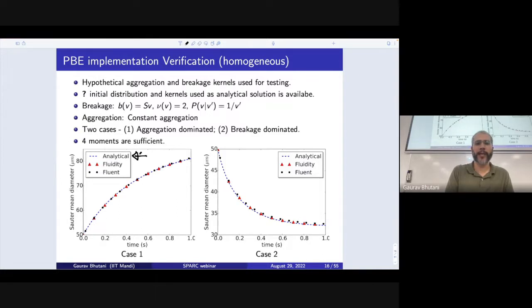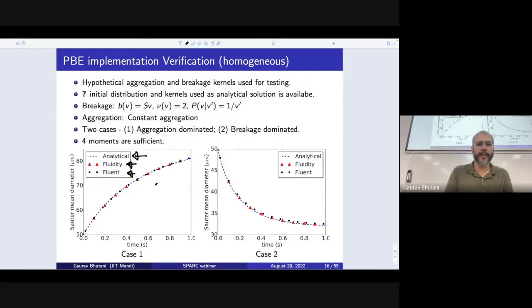Now that might be very rare, but if you can find one, that is a big contribution. Then for that particular special case, we solve using our code and we also compare with a benchmark, in our case ANSYS Fluent.